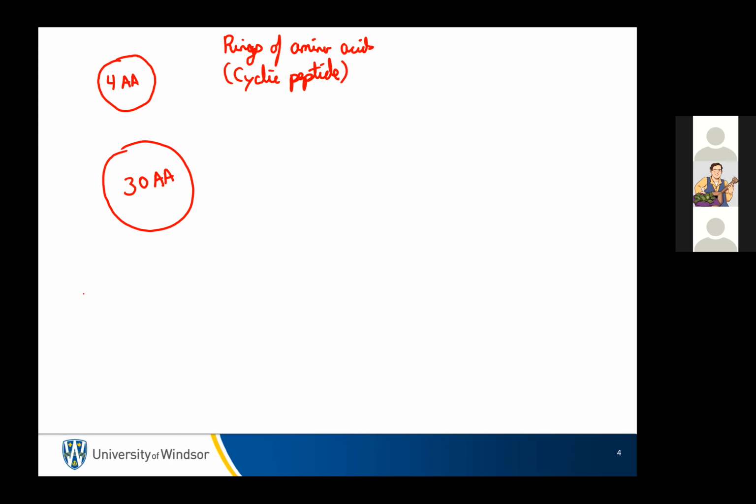Because often we think, okay, 4 amino acids is only, I can do math, is only 12 atoms long. 12 atoms trying to cyclize into a ring sounds much more reasonable than 90 atoms trying to cyclize into a ring. If you can think about something 12 atoms long and wiggling around everywhere, it's more likely the ends will bang into each other than 90 atoms bang into each other.